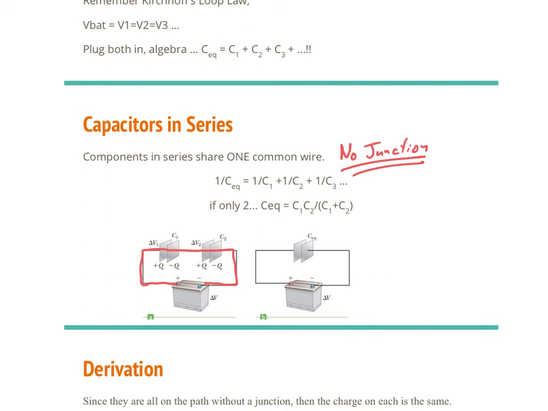There's no going off to here, going off to there, etc. It's just a singular path. And we're going to reduce it down to being a singular path but with a single capacitor in it. And the result is going to look a little different.